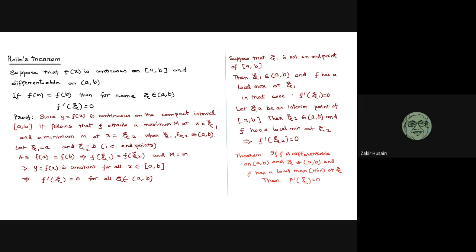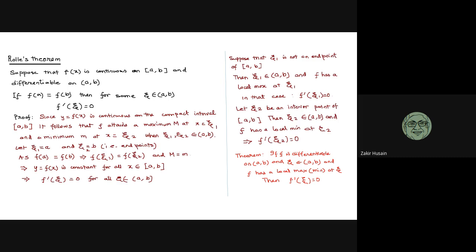Okay, now we come to Rolle's theorem. So suppose that f(x) is continuous on a closed interval AB. So the boundaries are also included within the range. It is also differentiable within this boundary, but now we are taking an open boundary.